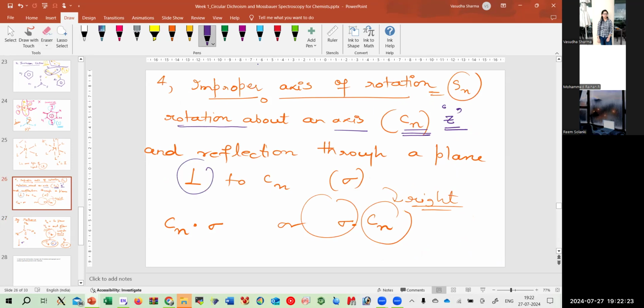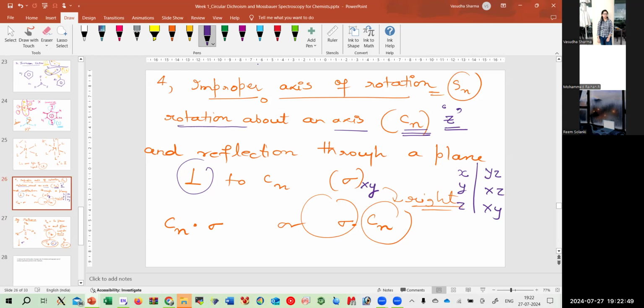If I'm taking Z axis, then plane is sigma xy. If I'm taking axis as x, the plane would be yz. If it is y, then it is xz. If it is z, then it is xy. Is it clear?